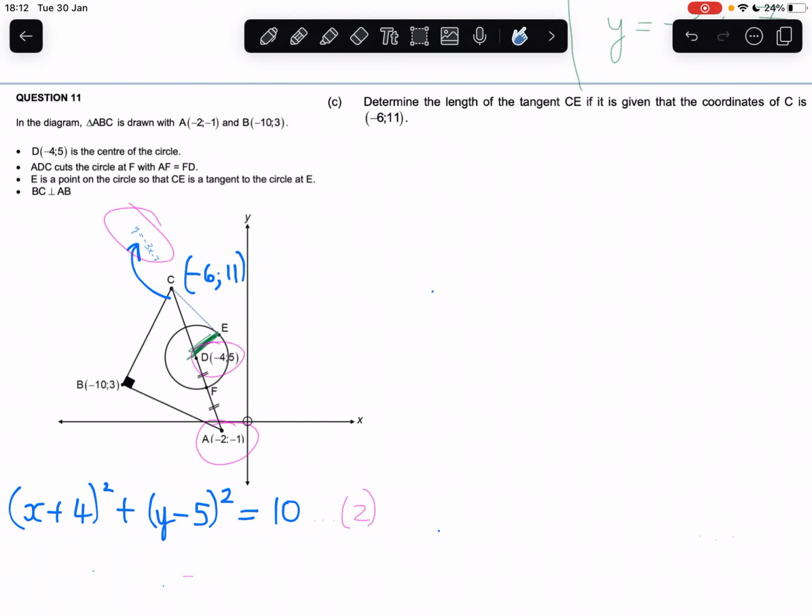I'm just gonna erase things because there's a lot going on here. How are we gonna find it? Okay, so that is a right angle. We know that. That is true.